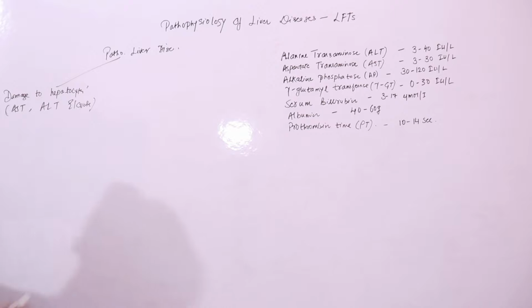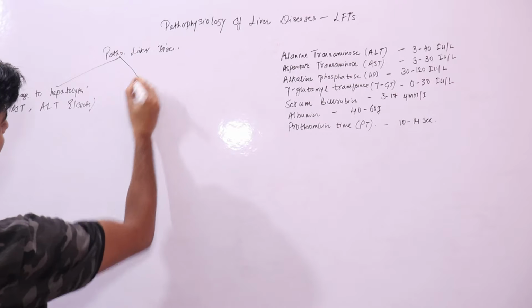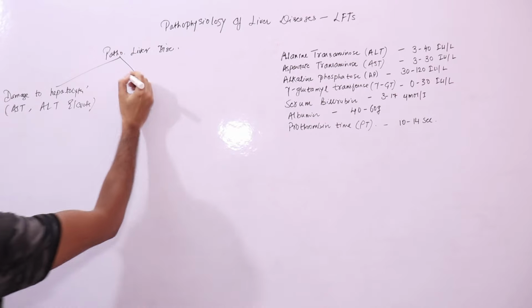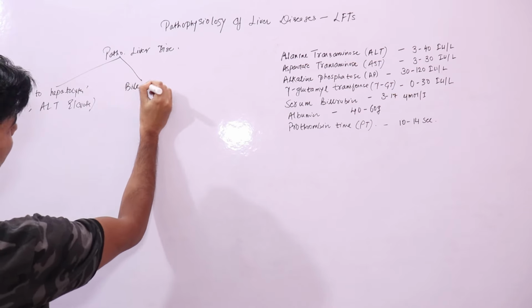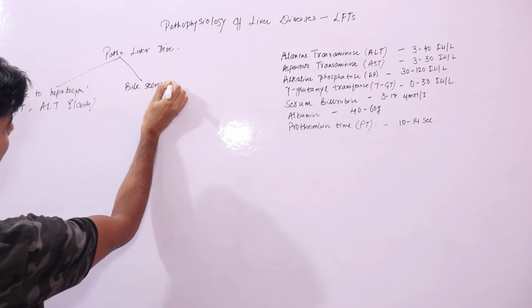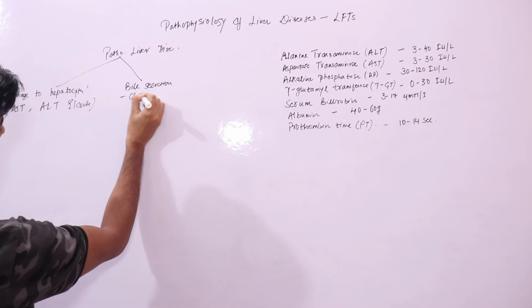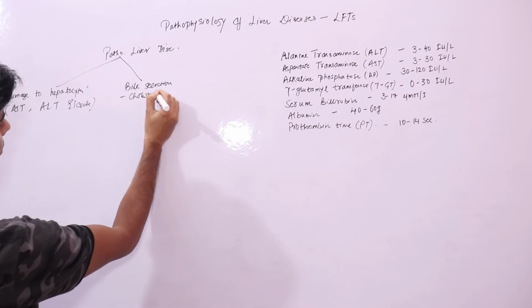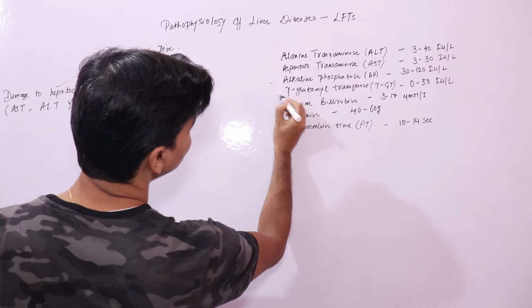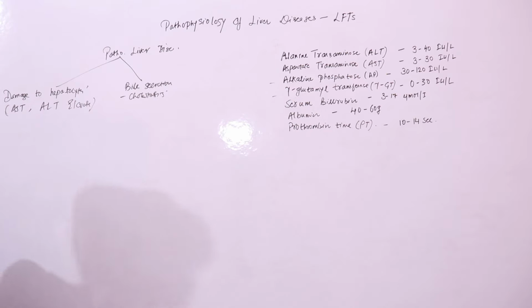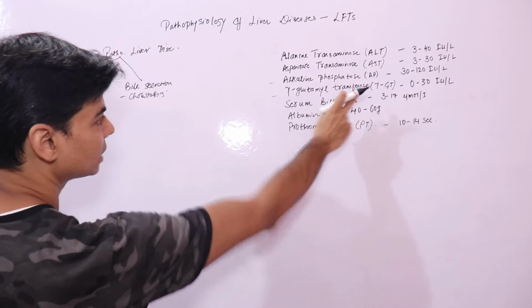And if there is any issue with bile secretion, we call it cholestasis, then these two enzymes will show elevation: alkaline phosphatase and gamma glutamyl transferase. We call them AP and gamma GT.